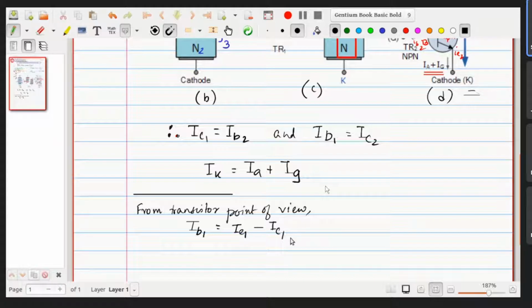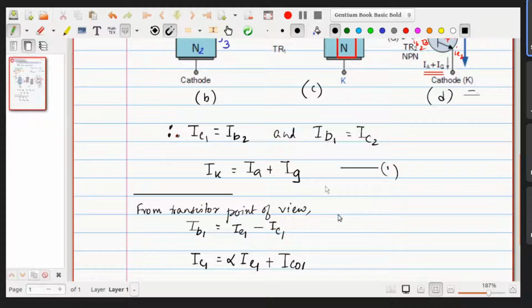So IE1 minus IC1. IE1, the emitter current, is that major portion which is coming, and some portion is being fed back, that is the collector current. So IE1 minus IC1. And what is our IC1? IC1 was considered as a fraction of the emitter current, alpha IE1, plus the reverse saturation current, ICO1, for the first transistor. So let me put some equation numbers over here.